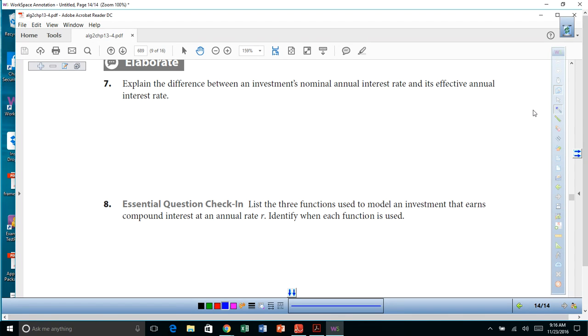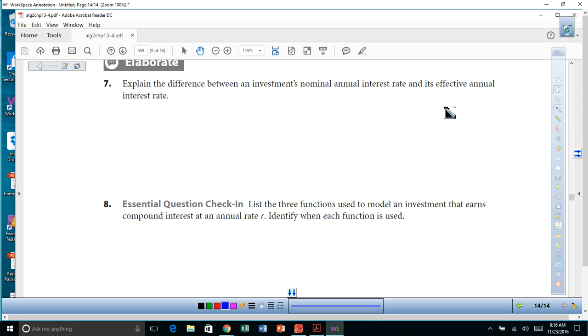They can be done annually, semi-annually, quarterly, continuously, 365 days a year, monthly. It's hard to tell which one is actually earning you more interest. Now, the bank doesn't want to pay you any more than they have to for your money, but you want to make as much money as you can off of it.